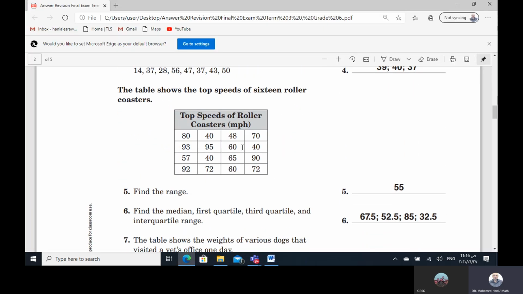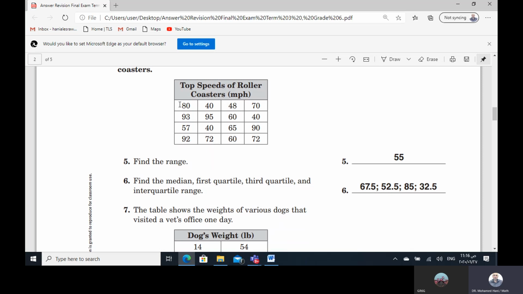Here we have table, and this is the number inside the table.